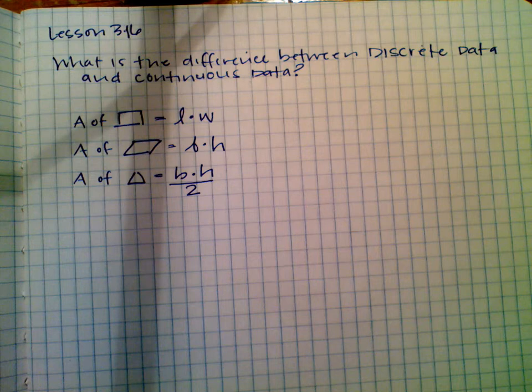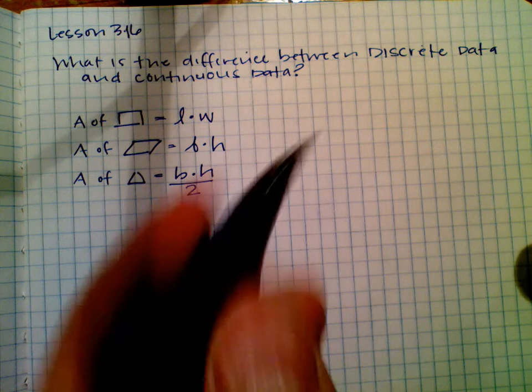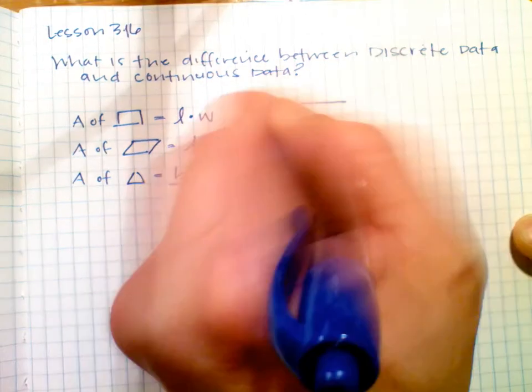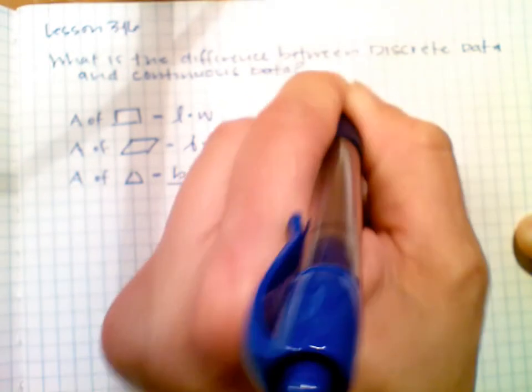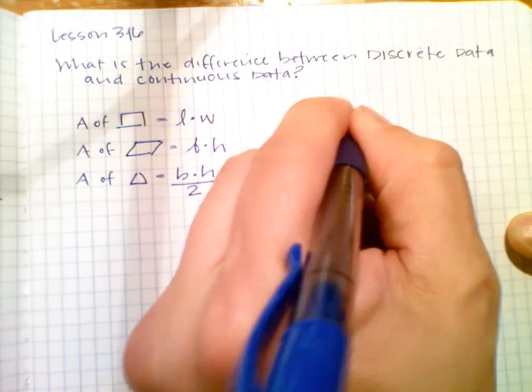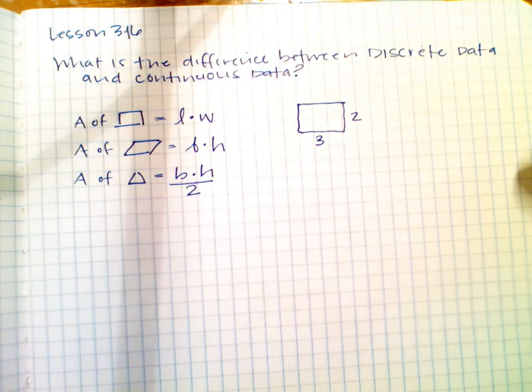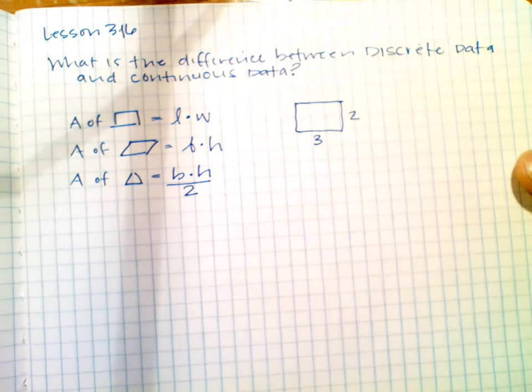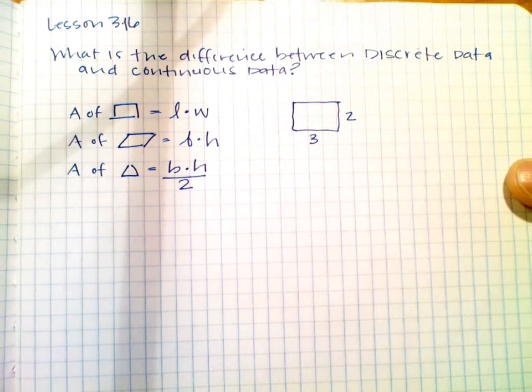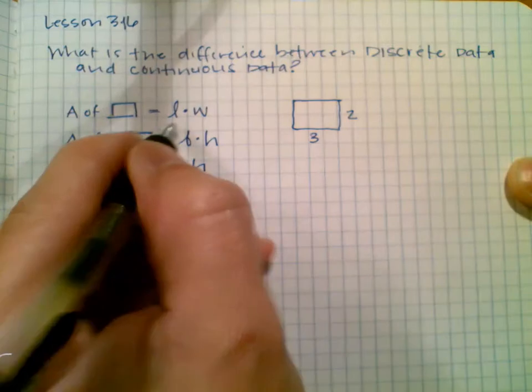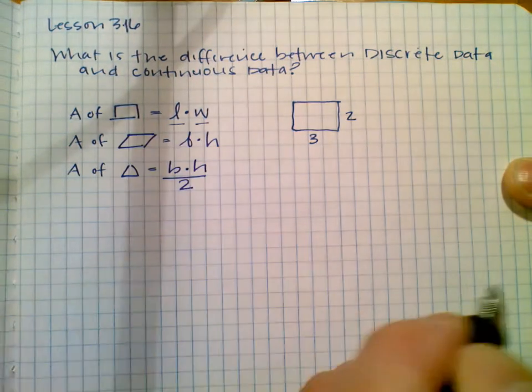All right. Now, let's start with the area of a rectangle here. So here's my rectangle. It is 2 by 3. Now, using our formula, all I have to do is punch in numbers. So I'm going to punch in numbers for length times width.